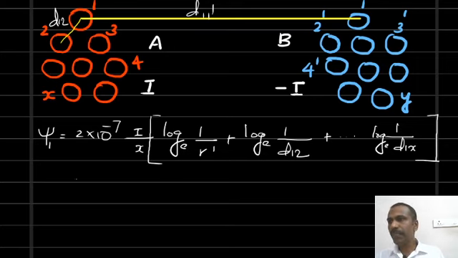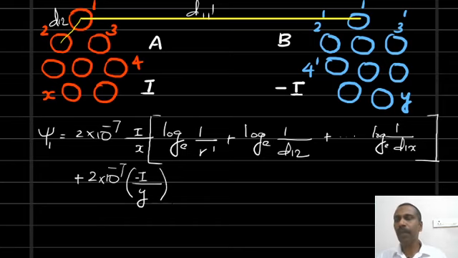What is the flux linkage from the second conductor? 2 into 10 raised to minus 7. The current in each strand will be minus I by Y. The total current is minus I ampere. We have Y number of strands there. So the current through each strand will be minus I by Y, into log.